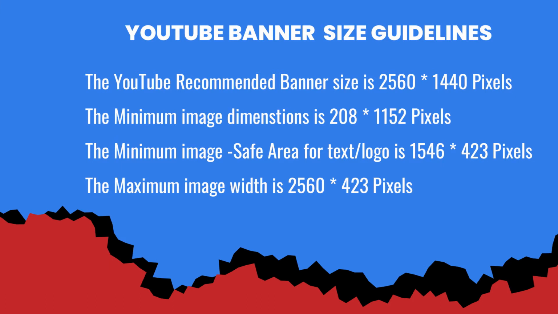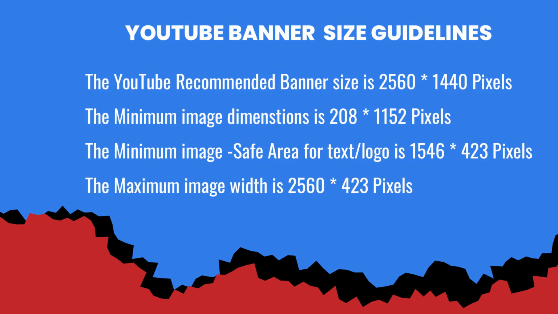Now, here are the guidelines that YouTube has put in place for you to follow when designing the banner size. The YouTube recommended banner size is 2560 by 1440. The minimum image dimension is 2048 by 1182.